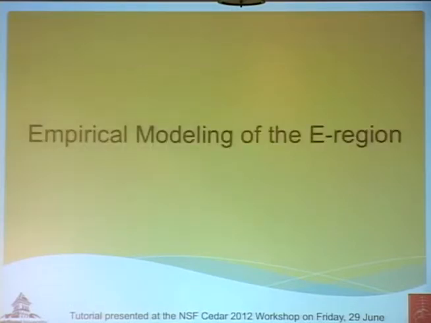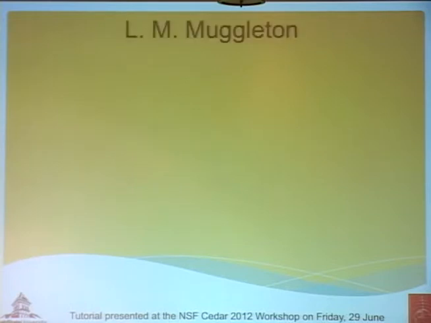So let's talk about empirical modeling of the E-region, Muggleton. Okay, how many of you have met this gentleman, Muggleton? His name is Lewis Muggleton. What's your first thought about Muggleton? What book am I reading? Yeah, Harry Potter, okay. Who wrote Harry Potter? What nationality is she? Scottish.